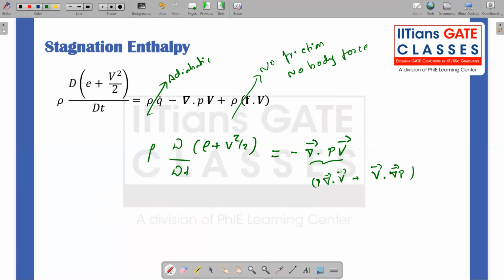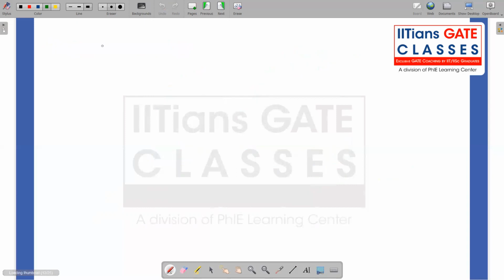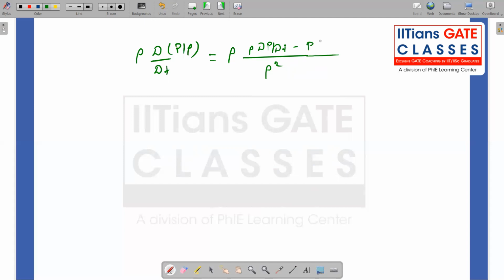Now I am going to define one more term, that is rho times D/Dt of (P/rho). That is equal to rho times, using the U by V form, rho into DP/Dt minus P into Dρ/Dt.